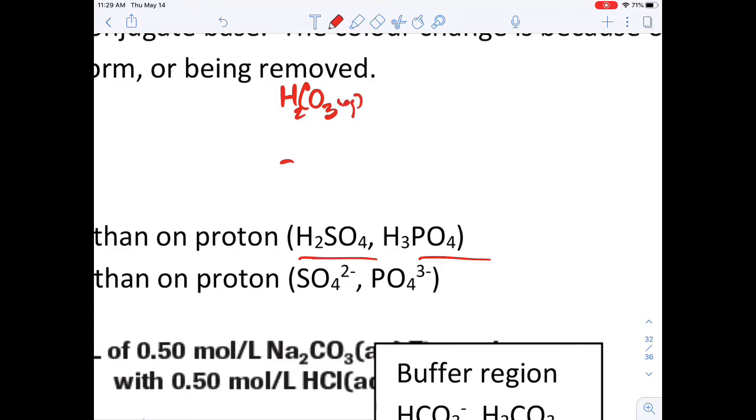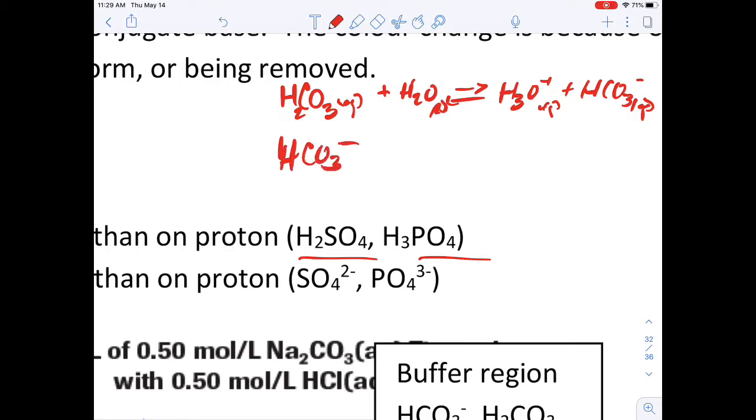It's polyprotic because it has two hydrogens to react with water. So it could make a hydronium and a hydrogen carbonate. And then the hydrogen carbonate could also react with water to make another hydronium and carbonate ion.